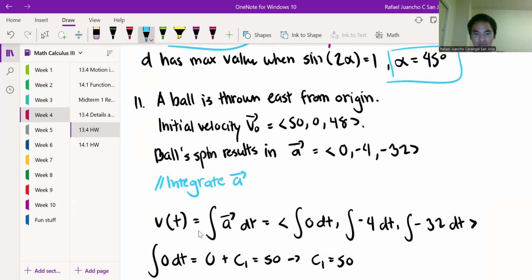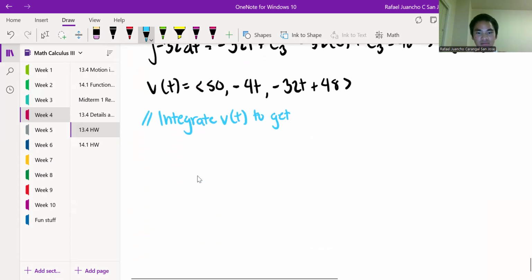Do we want that? Oh shoot, I don't know what it's asking for. Where does the ball land? Okay, let me do that after. What's the next one? What speed? What speed does the ball hit the ground?